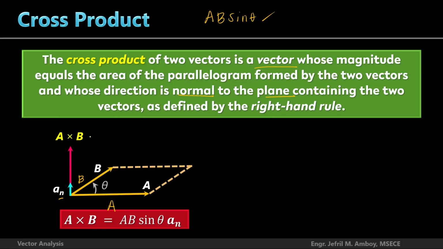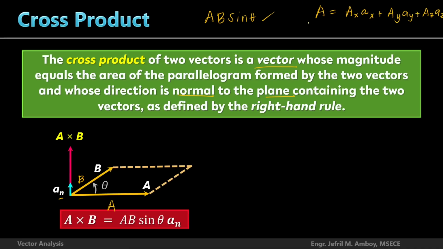Now, how do we get the cross product of two vectors given in three-dimensional Cartesian coordinates? For example, vector A is given as Ax ax plus Ay ay plus Az az.